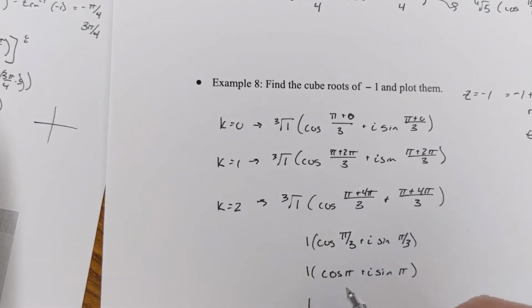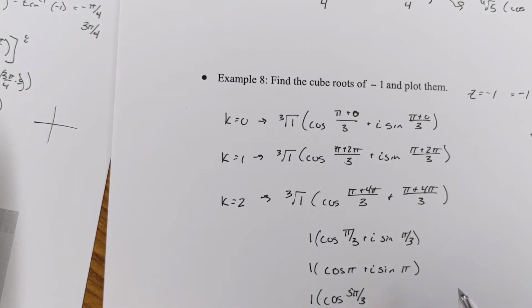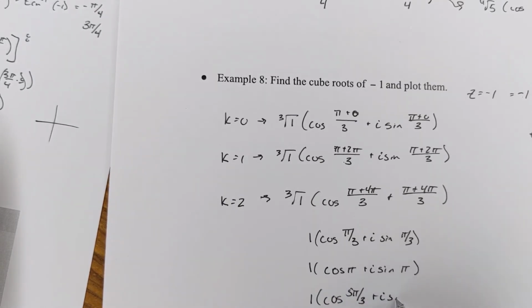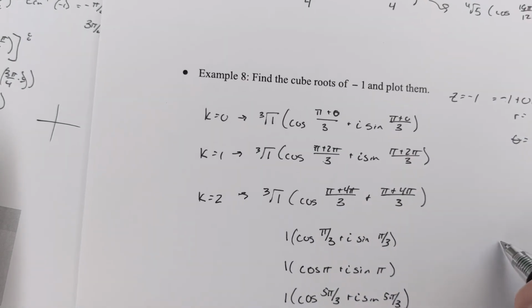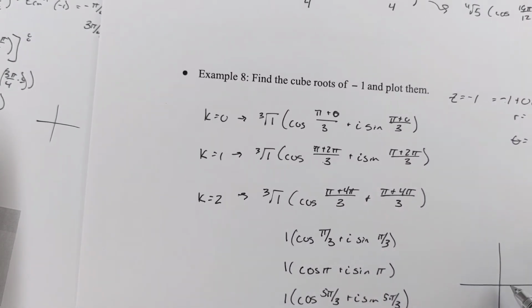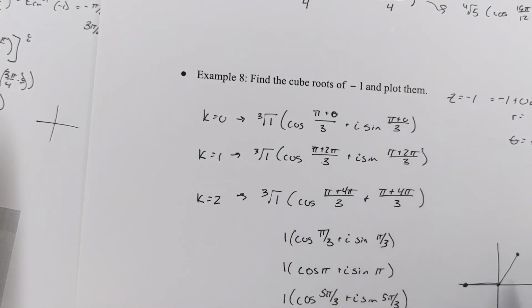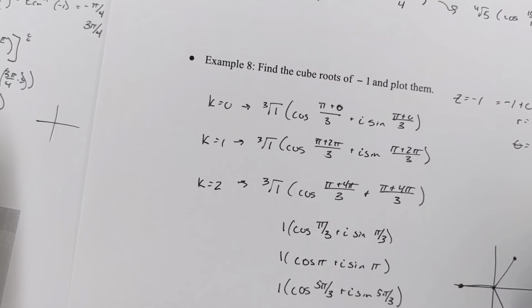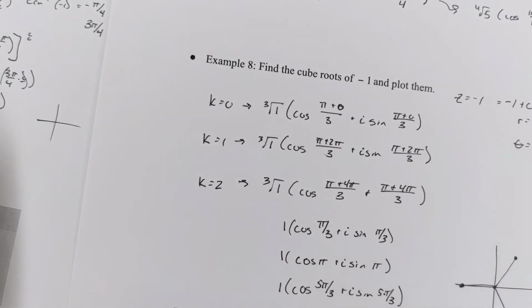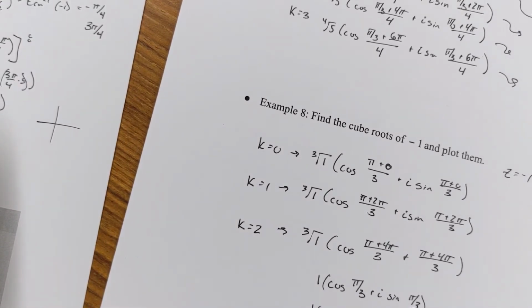And this would be 5 pi over 3. All right, so then plot them. So pi over 3 is here. Pi is there. So we notice they are nicely evenly spaced about the origin. So there you go.